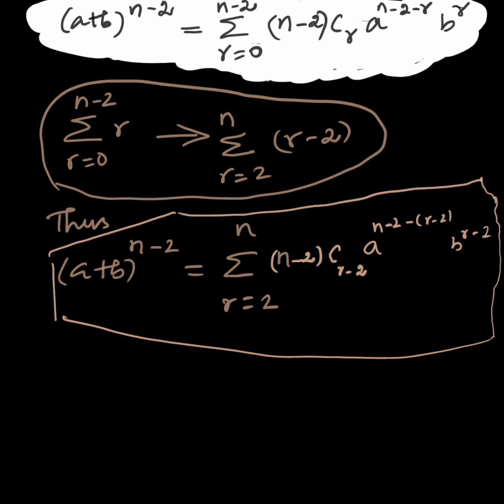In the same style, (a plus b) to the power n minus 2 can be written as sigma r is 2 to n, (n minus 2)C(r minus 2) a^(n minus 2 minus (r minus 2)) b^(r minus 2).